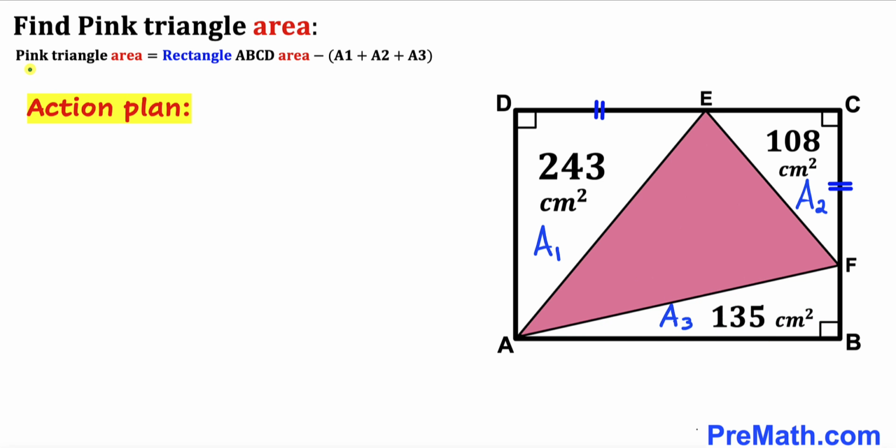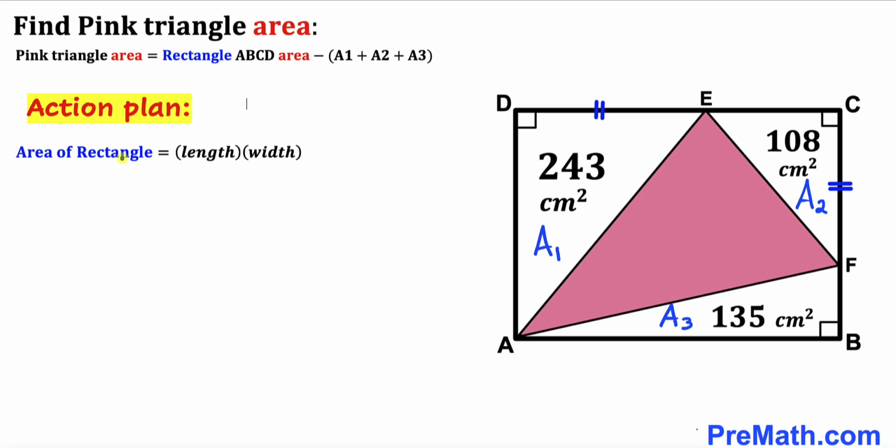Then we can see that the area of this pink shaded triangle is going to be equal to the area of this rectangle ABCD minus the sum of these areas AS of 1, AS of 2 and AS of 3. So therefore now our task is to calculate the area of this rectangle ABCD.